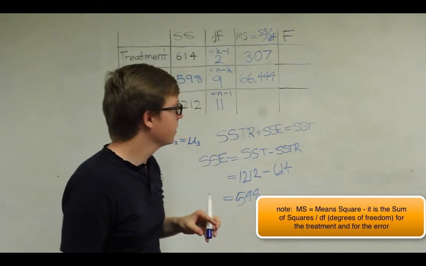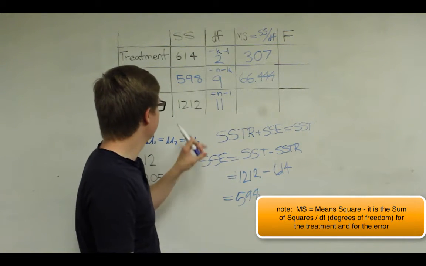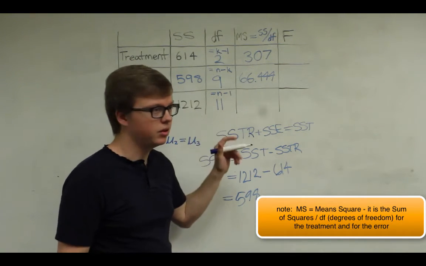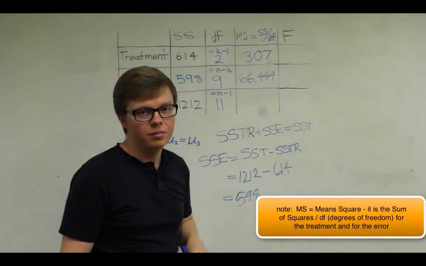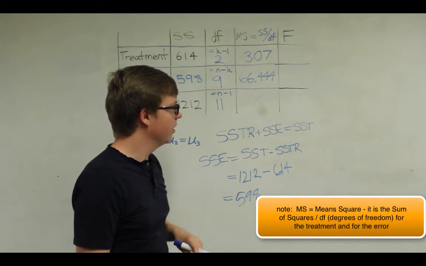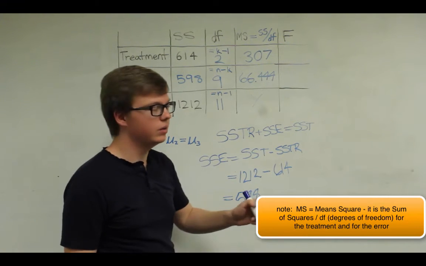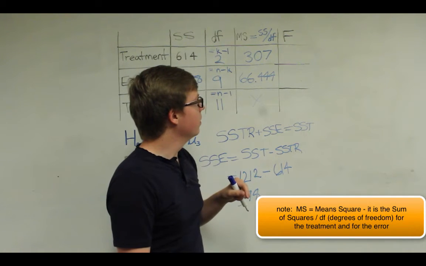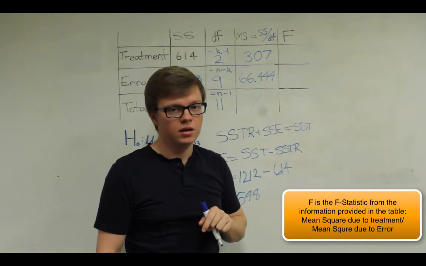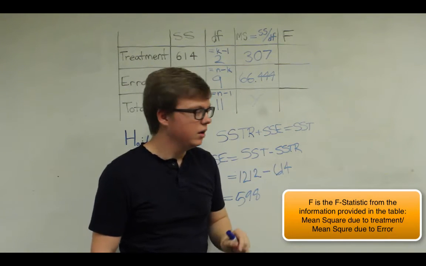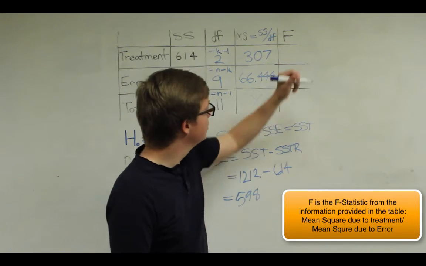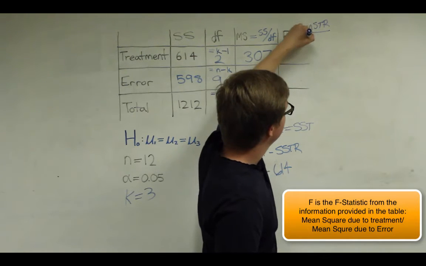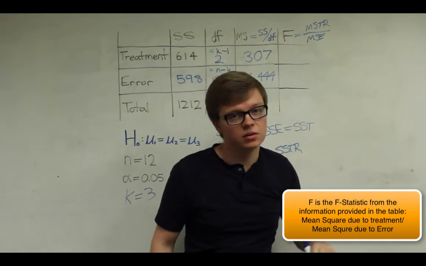If you do that one in your calculator, you should get approximately 66.444. And finally, for the total degrees of freedom, we don't actually typically calculate the mean squares total because it's not meaningful in the ANOVA procedure. We only need mean square error and mean square treatment. So the F statistic is the final thing we need to fill in this table, and that is equal to mean squares due to treatment divided by mean squares error.